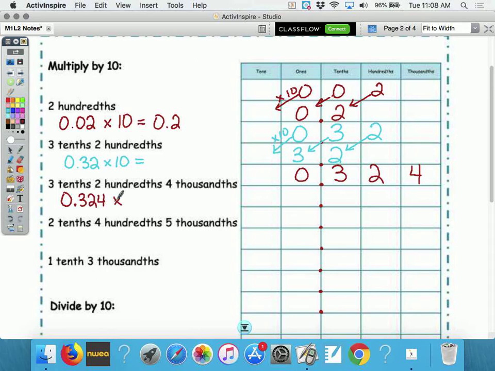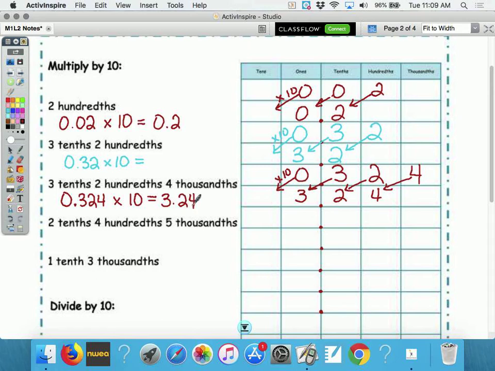Tell your table group how to say that. 324 thousandths. Times 10. Okay, so I bet this is what you meant. Do I need to write that 0? No. Okay, so we have, times 10, Mrs. Lewis, 3.24? Yep. Okay, that's a little review.